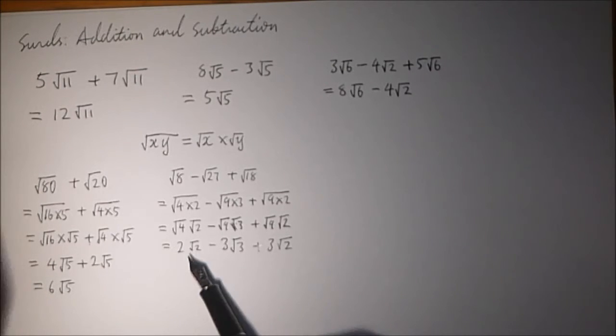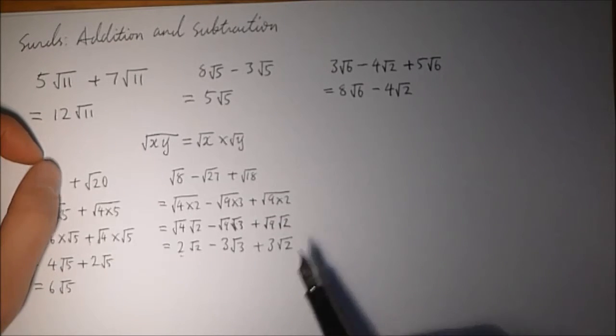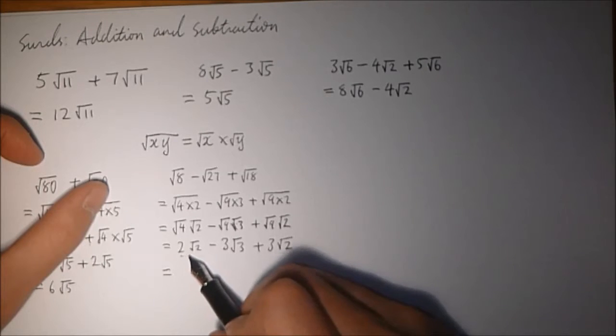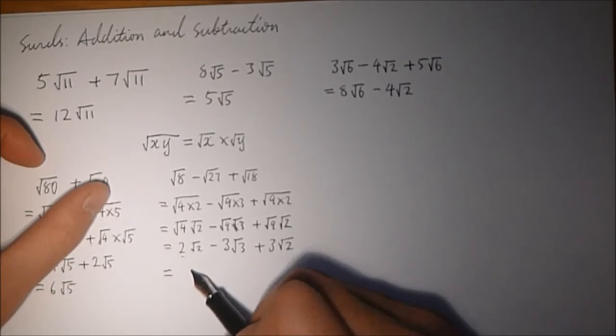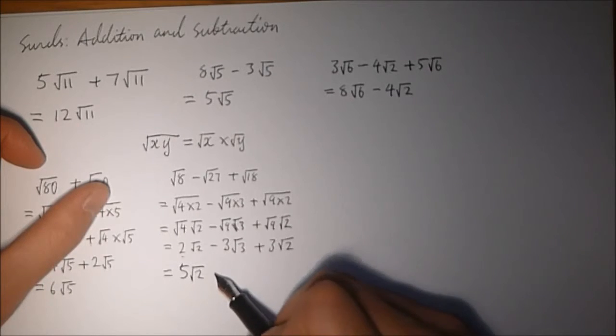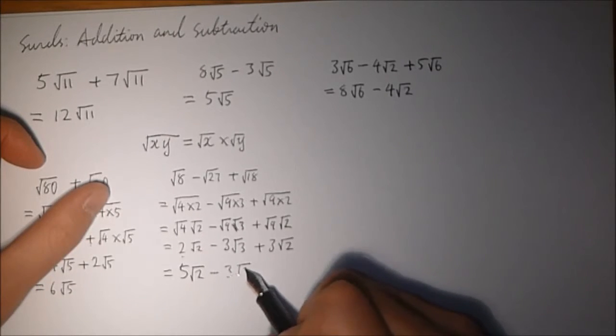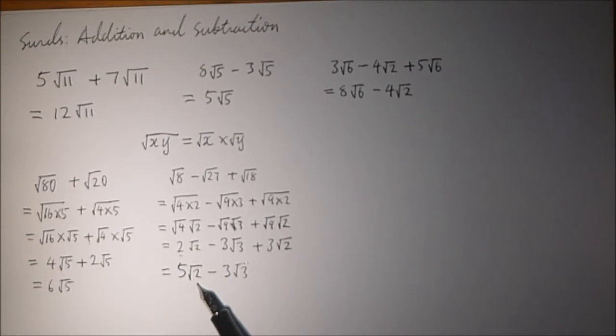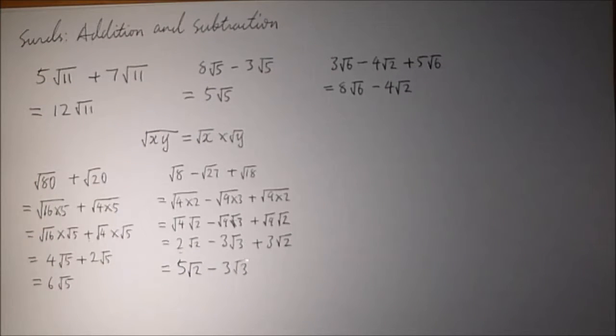As you can see here, once again we have two like surds and we can just add them. 2 square root of 2, add 3 square root of 2, give us 5 square root of 2, and minus 3 square root of 3. As you can see, these two are not like surds, and therefore we can't do anything further to them.